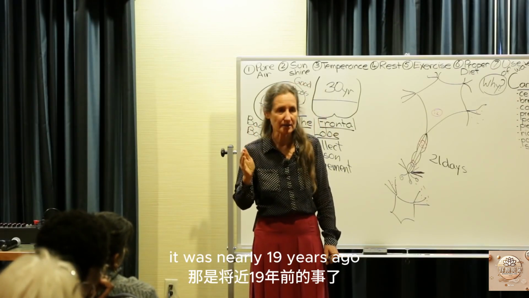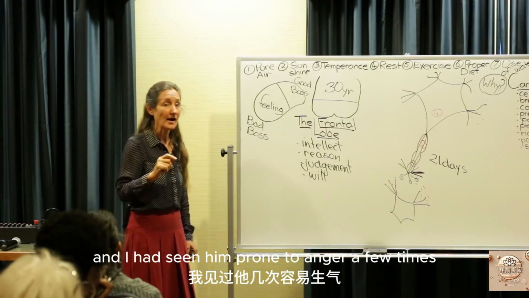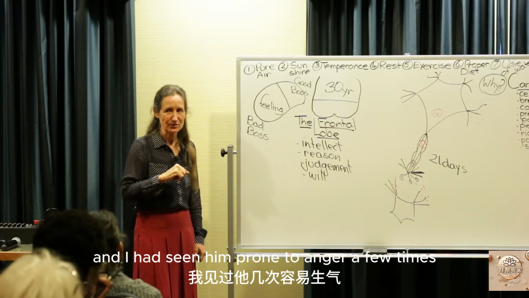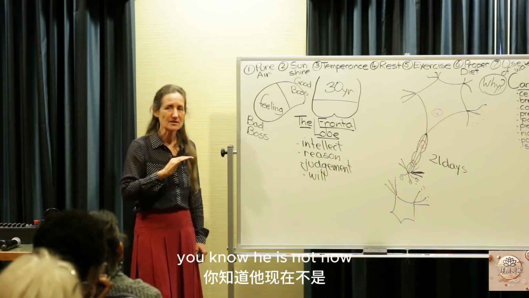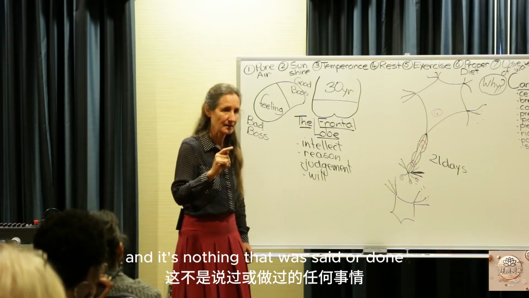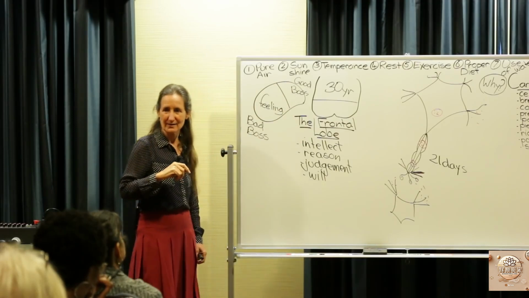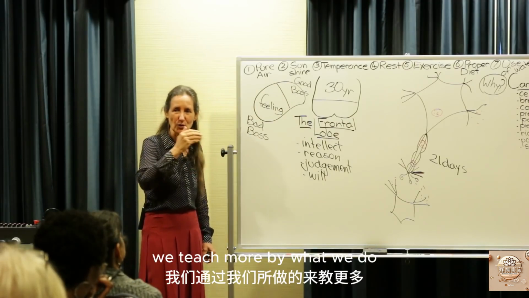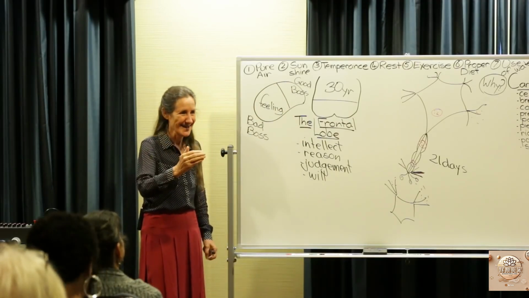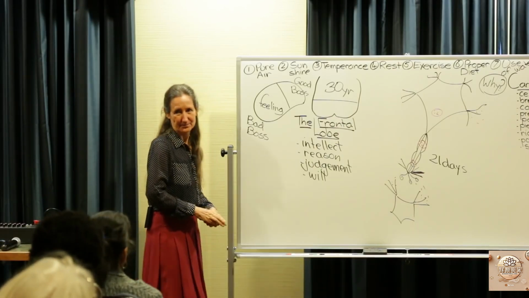It was nearly 19 years ago, and my son William was only 10. And I had seen him prone to anger a few times. He is not now, and it's nothing that was said or done, but he now had a father who was not prone to anger. We teach more by what we do and how we treat people than by what we say.